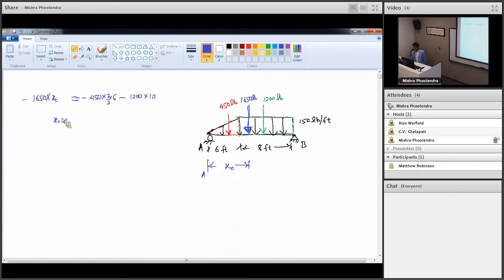And how much do we get for XC? I have 8 point something, 0.36.